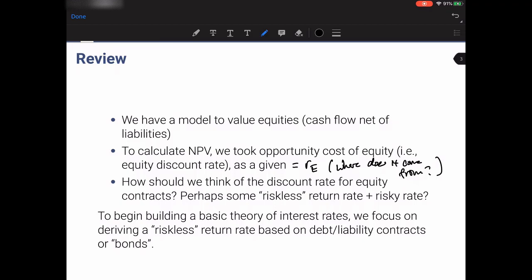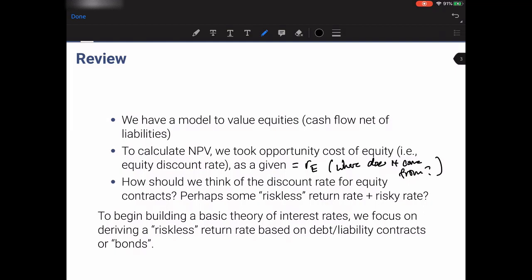Okay, so let's first think about, if we can decompose RE, we should decompose it intuitively into 2 essential parts. One is some underlying base riskless return rate, and perhaps any sort of additional risk that equity holders have to absorb to be added on top of this base riskless rate, right?